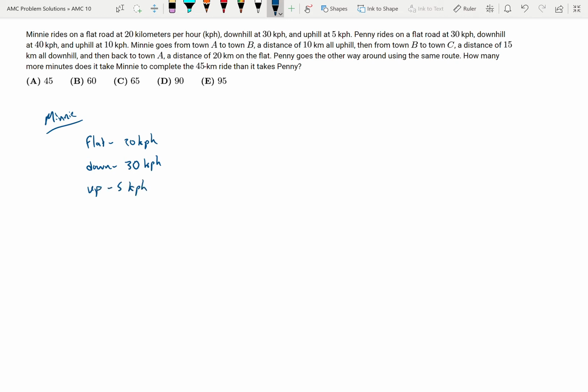Then the towns, I'm just going to lay out A, then B, then C, and then back to A. What we were told is this distance is 10 kilometers uphill, this is 15 kilometers downhill, and this is 20 kilometers flat.